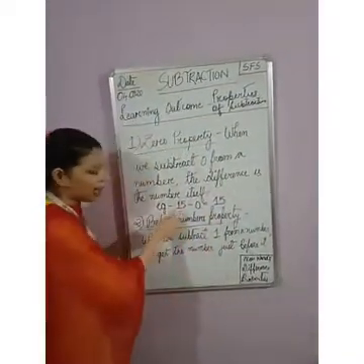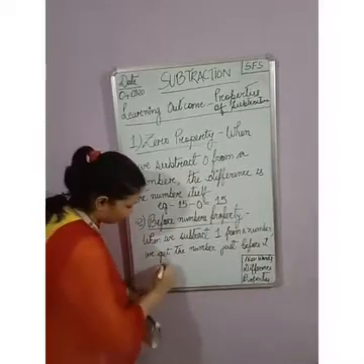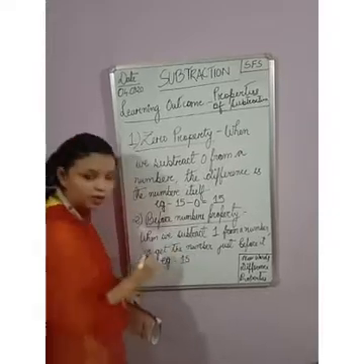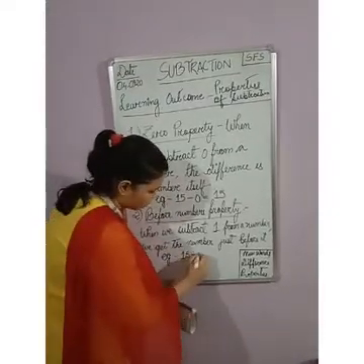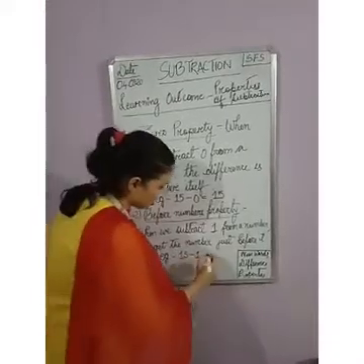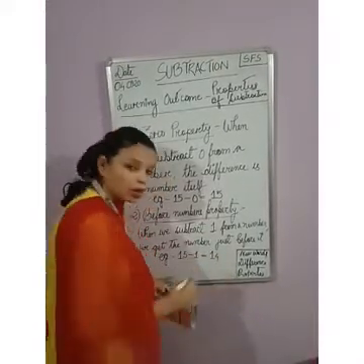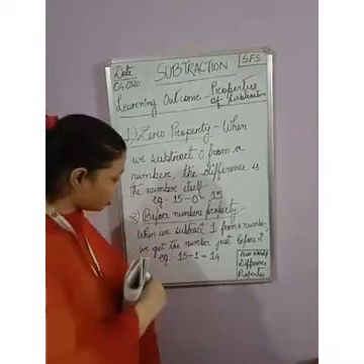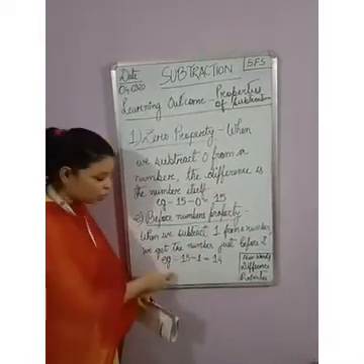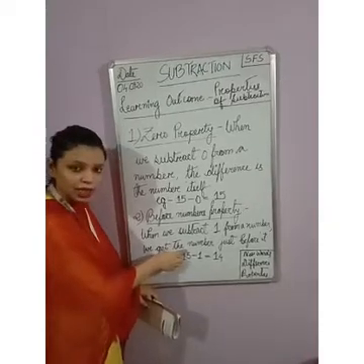The same example I am taking here. Example 15. Now with 15, I have to subtract 1. So if we subtract 15 minus 1, we are getting 14. Now according to the definition, the number before 15 is 14. Yes or no? The number before 15 is 14.